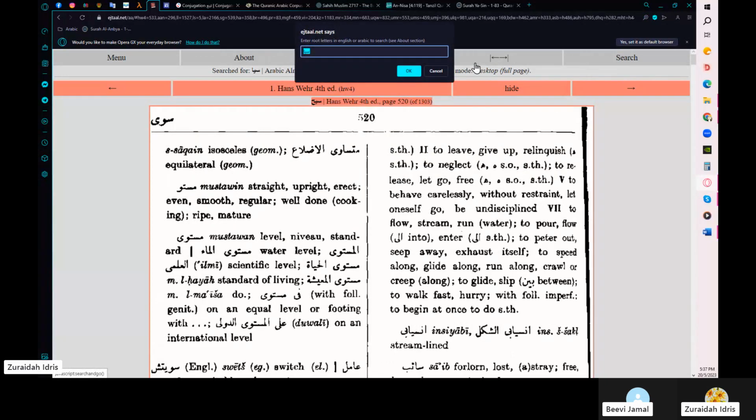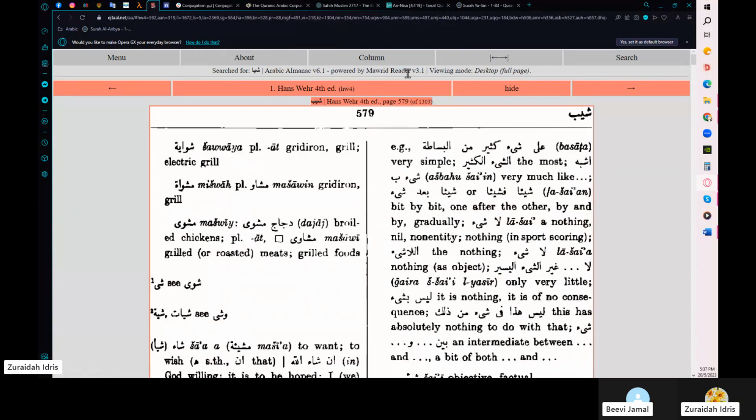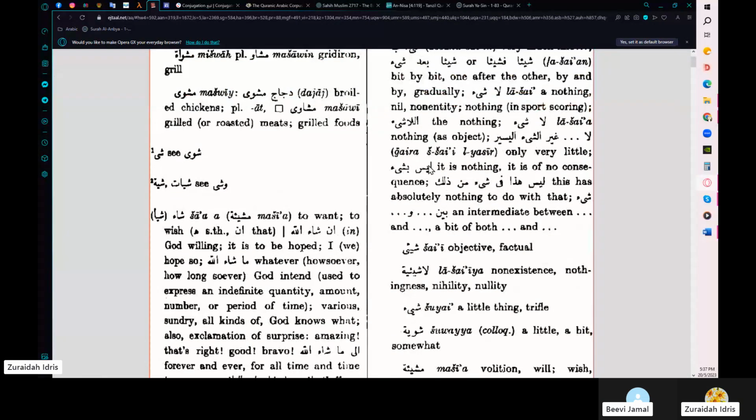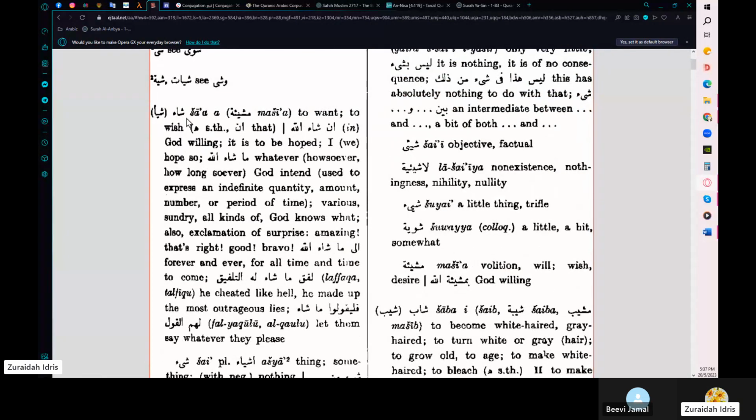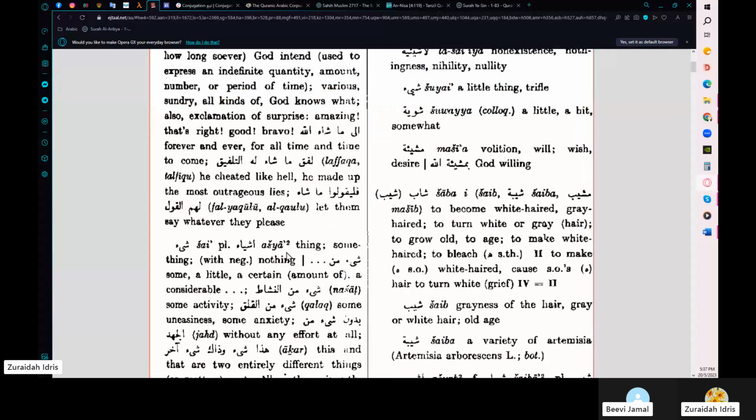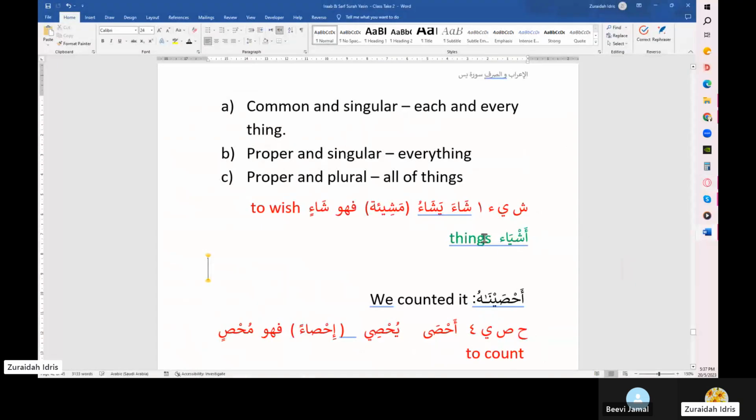Hamza usually. I typed sin today instead of shin. So here we are. Sha'a, it comes from here. Sha'u. And then we have shay, one thing, and ashya is the plural form. I hope the font size is big enough, inshallah.